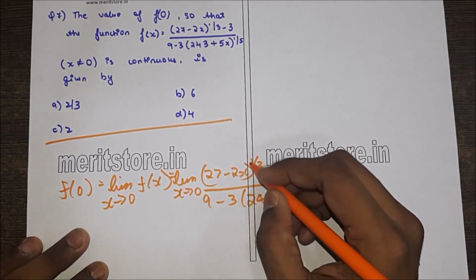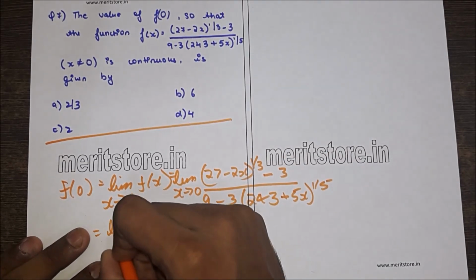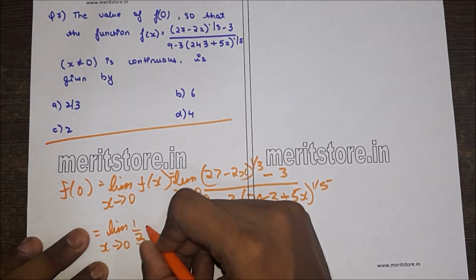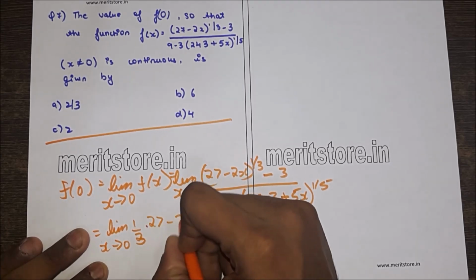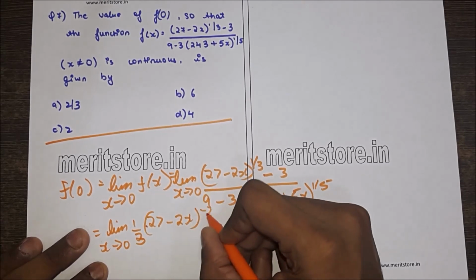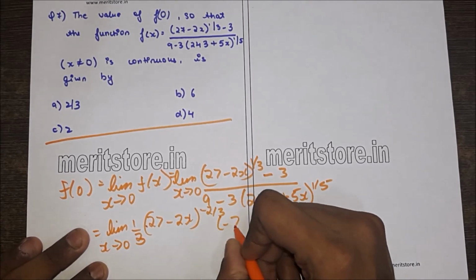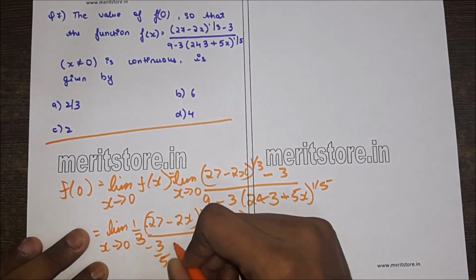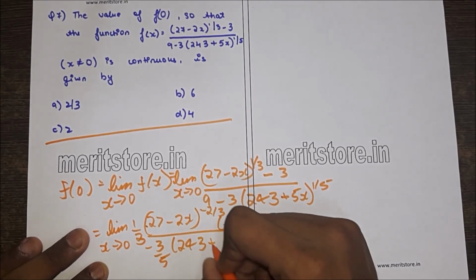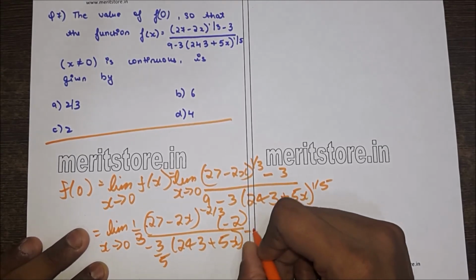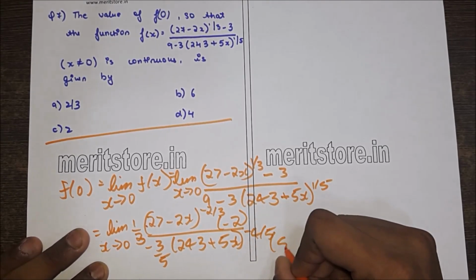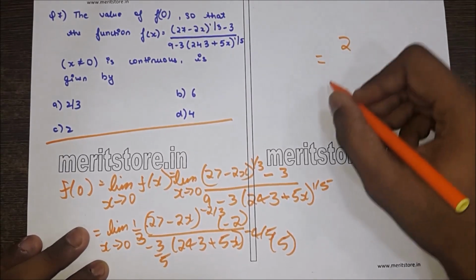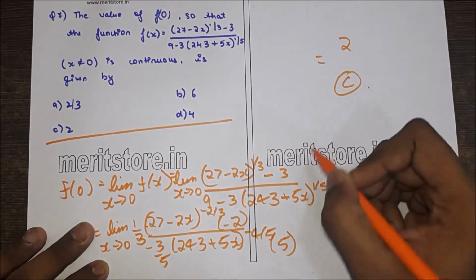Now this is in 0 by 0 form, so we can write the limit as x tends to 0 of 1 by 3 (27 minus 2x) raised to minus 2 by 3 into minus 2, upon minus 1 by 5 (243 plus 5x) raised to minus 4 by 5 into 5, which gives us 2, which is option C.